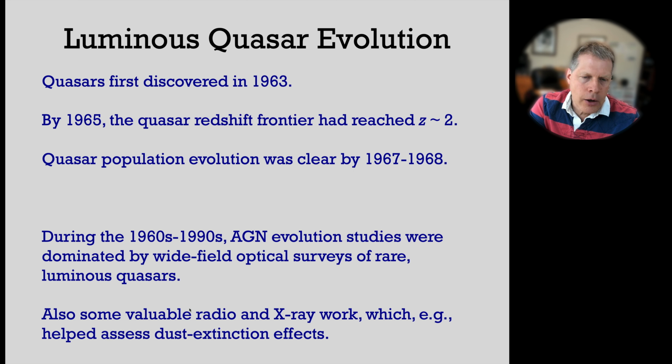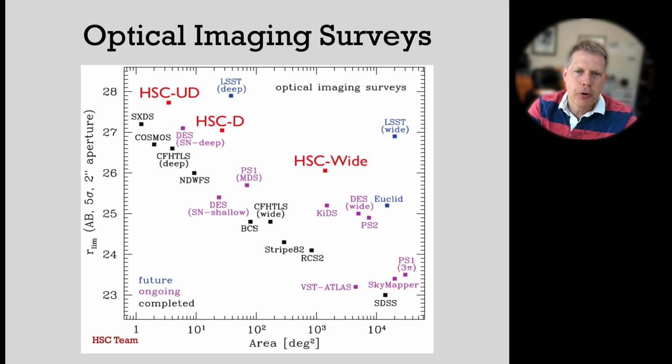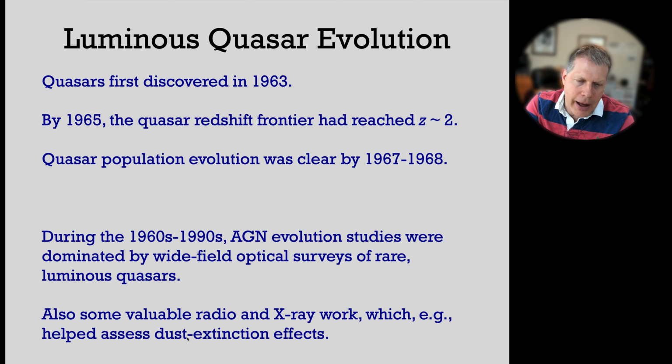And so having radio observations and X-ray observations that are much less susceptible to these extinction effects were very valuable for keeping the optical surveys on track and giving us confidence that we weren't being tricked by extinction effects.